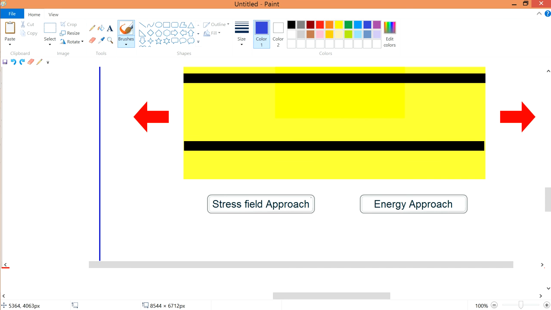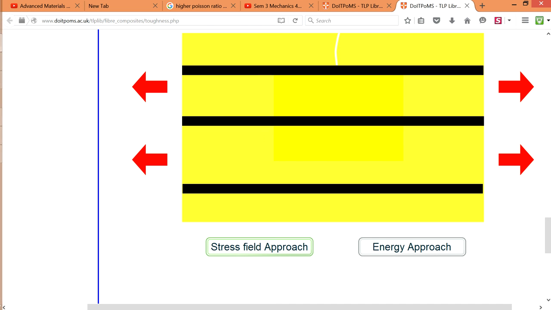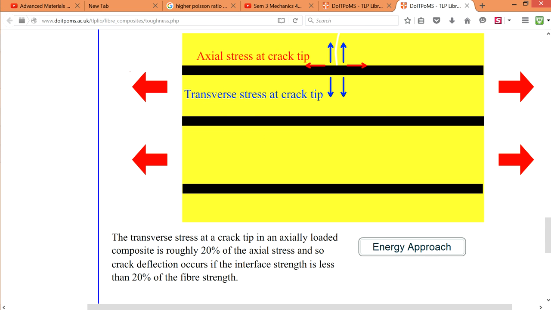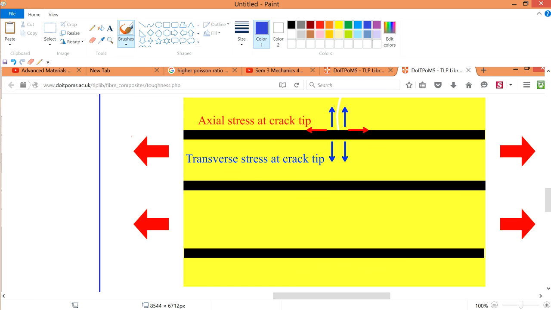Once you crack, there are two theories to define it. The first one is the stress field, which talks about the axial stress at the crack tip, the red color one. What it means is that the blue color one, the strength in this transverse direction, is about 20% of the strength in this direction.